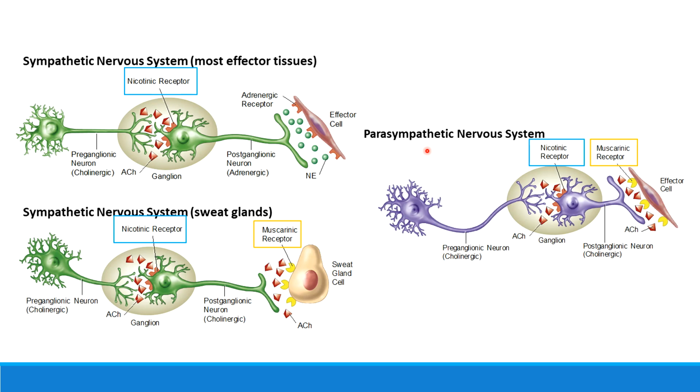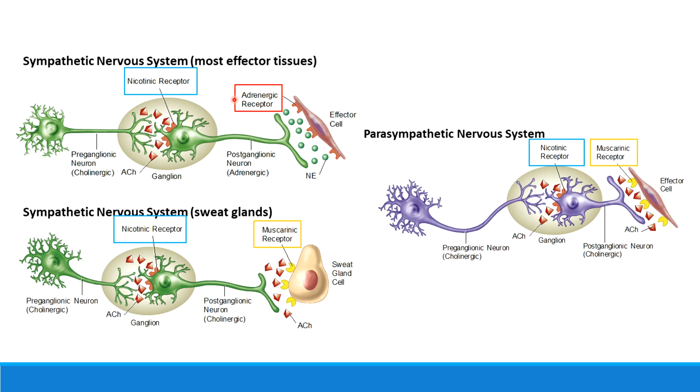For the most part, though, the sympathetic nervous system is going to look very different in the way that it talks to effectors. And that's going to be because almost always it's using norepinephrine or epinephrine to talk to the cells. So notice in this case, as I'm spitting out norepinephrine in this picture, I'm activating some kind of adrenergic receptor.